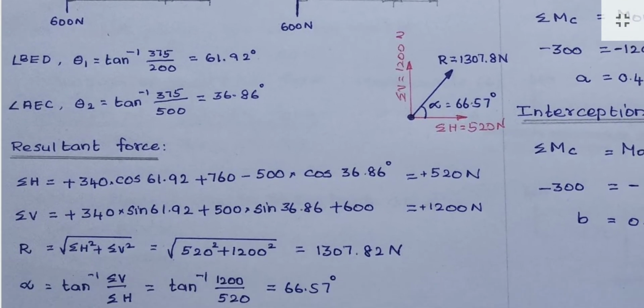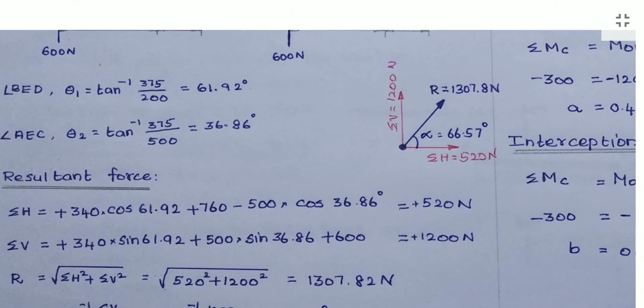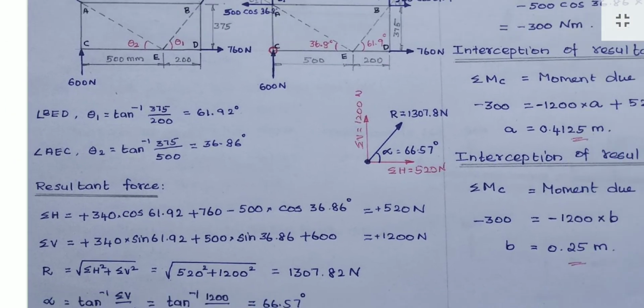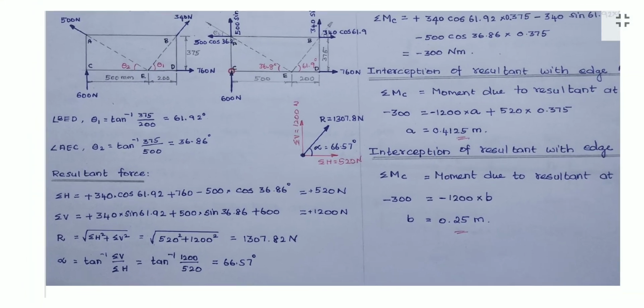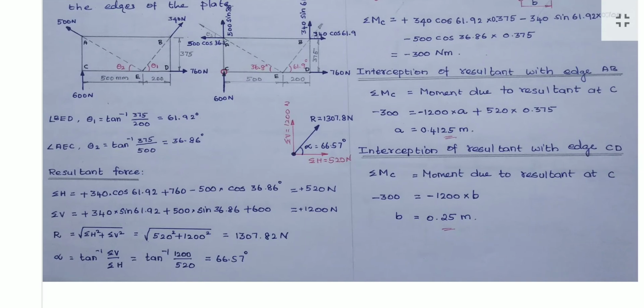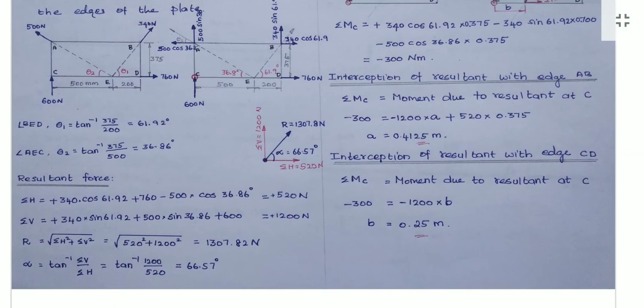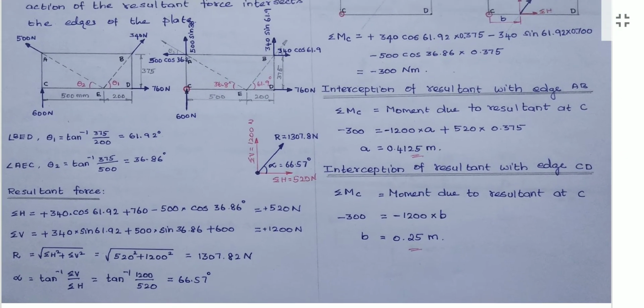We know the formula for the resultant force as the square root of sigma H squared plus sigma V squared. So we have to find sigma H first. To find sigma H, we have to add all the horizontal components. There are three horizontal forces. Among these, this force and this force are towards the right, so positive.